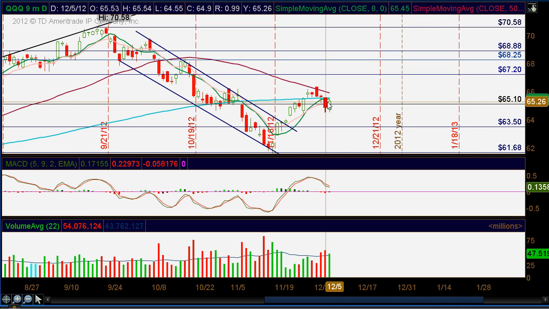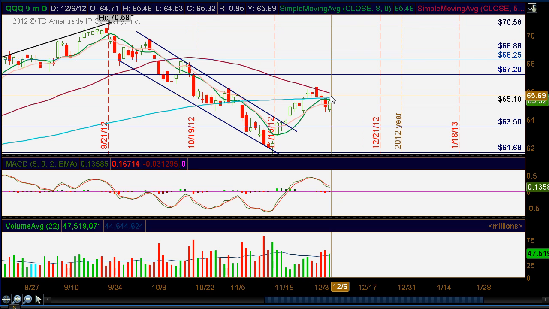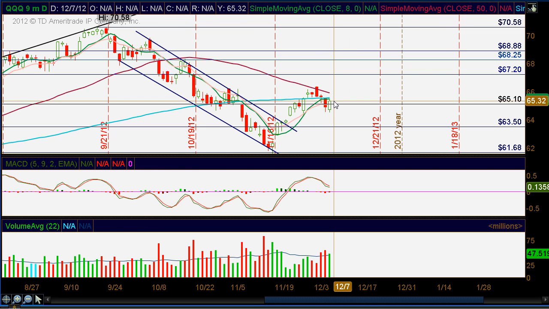So those are really important for you to pay close attention to. And then also we are finishing the day again above the 65.10. So this 65.10 mark is as important as those two moving averages up here, which are acting as a pretty nice ceiling at this moment. So we are hitting it here and pulling back down, closing the day slightly below them.